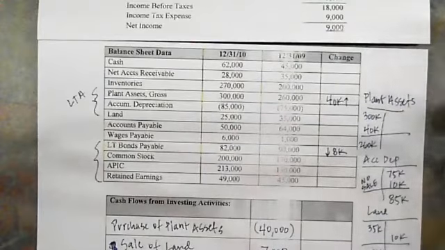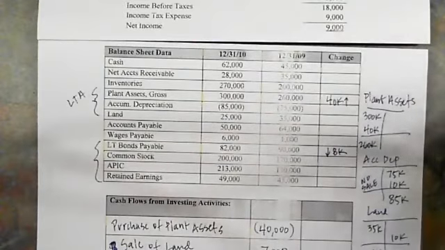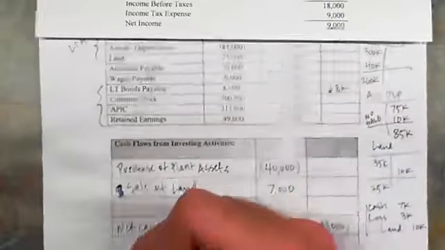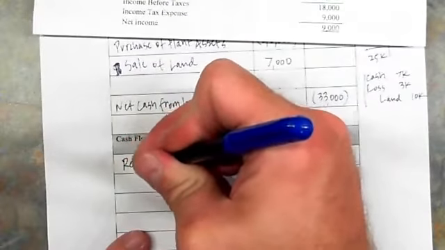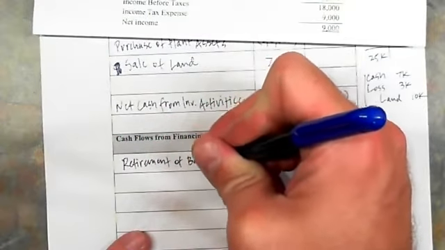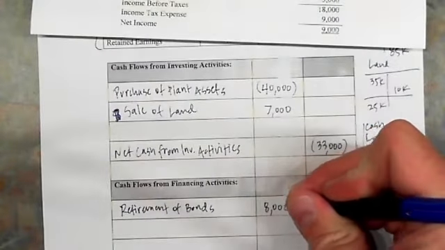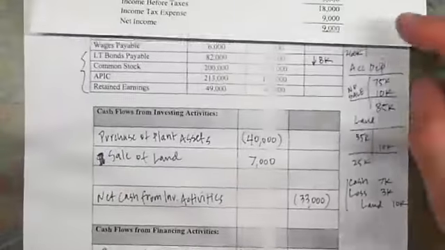Now you just have to figure out, well, if my bonds went down, then I have a cash payment because I'm paying down my outstanding debt. So I would have a retirement of bonds for 8,000. That's a cash outflow.